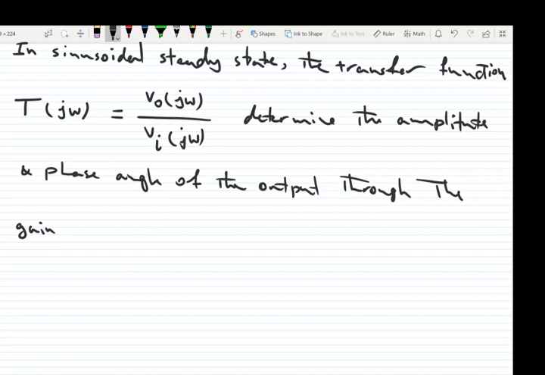Before I say what the gain function is, let me explain. Here T of j omega is a complex number.